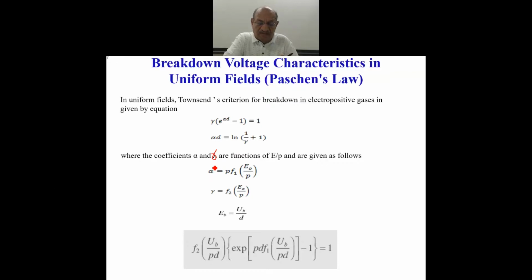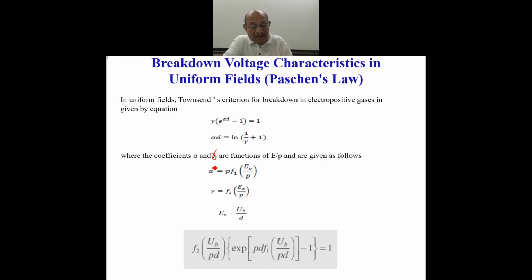So we consider air to be an electropositive gas, but it has been verified in other gases also. And later it has been also verified for electronegative gases, when the use of SF6 gas, which is a purely electronegative gas, increased.